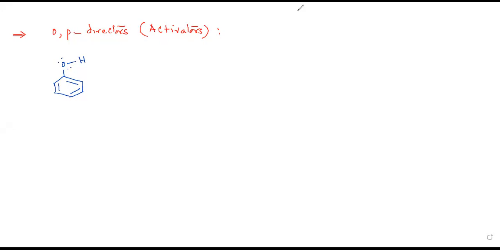You know, OH group is a plus M. Of course, minus I. But plus M anyway dominates. And look at this. It is a releasing group. It is, of course, activating.